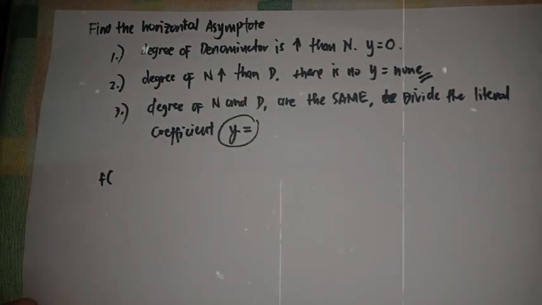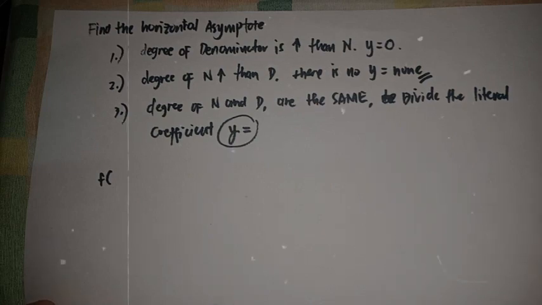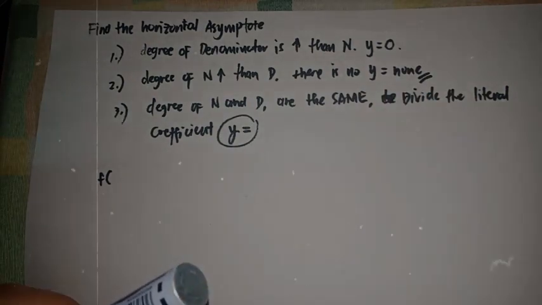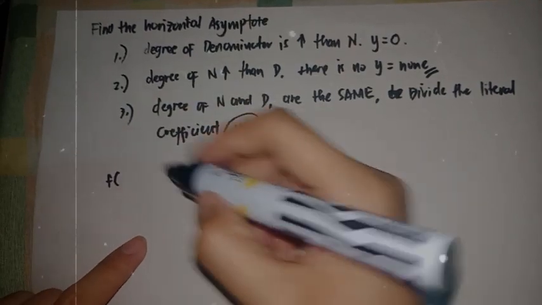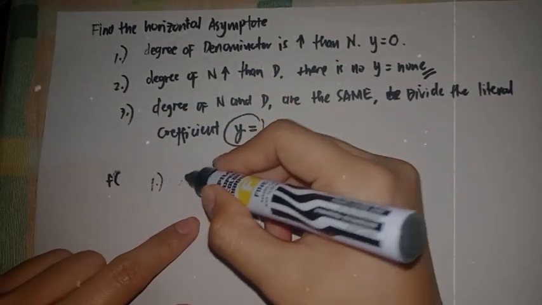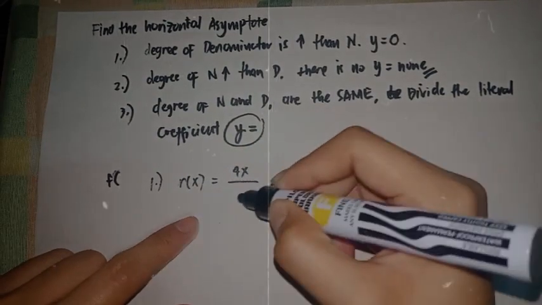From our example a while ago, I have actually 4 examples in finding the vertical asymptote. Now let's find its horizontal asymptote. For number 1, we have r of x is equal to 4x all over x minus 3.